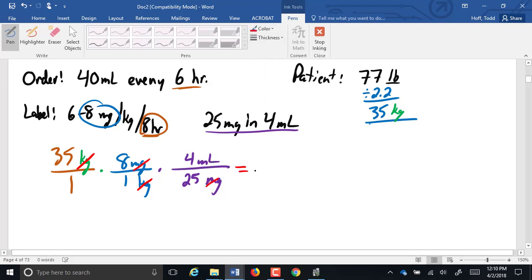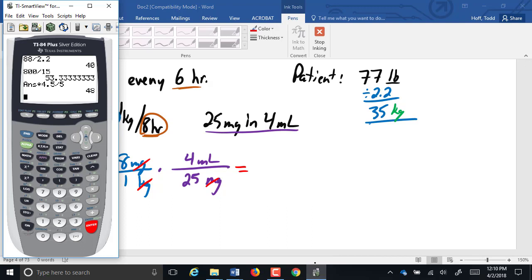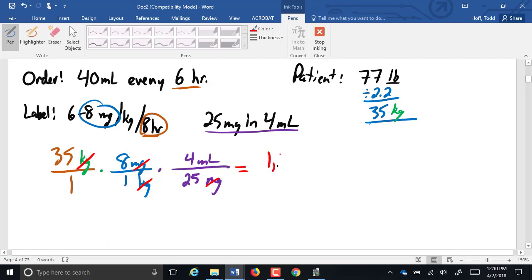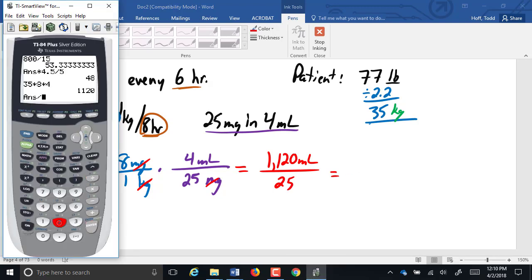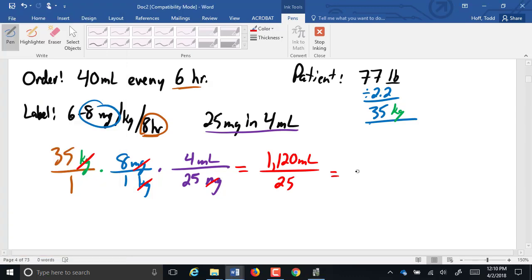This is going to give us milliliters of medication. So we've got 35 times 8 times 4. And our only units up there is milliliters, so that's 1,120 milliliters. On bottom, we've just got 1 times 1 times 25. So we divide out that 25, giving us 44.8 milliliters.